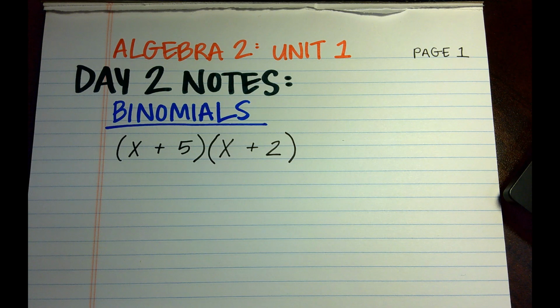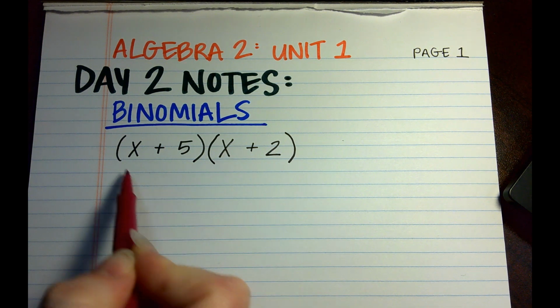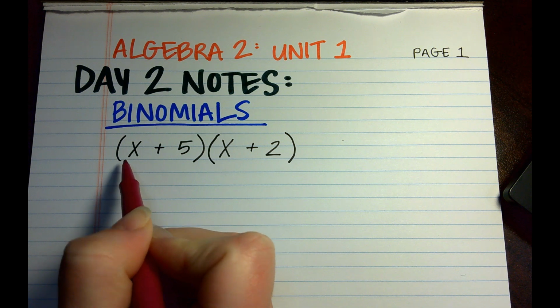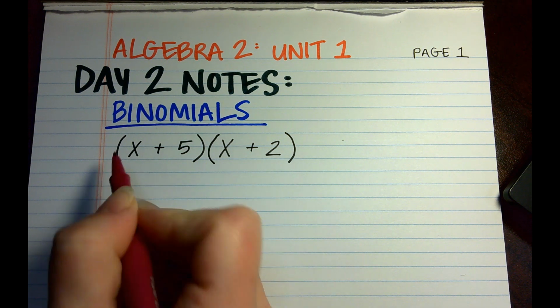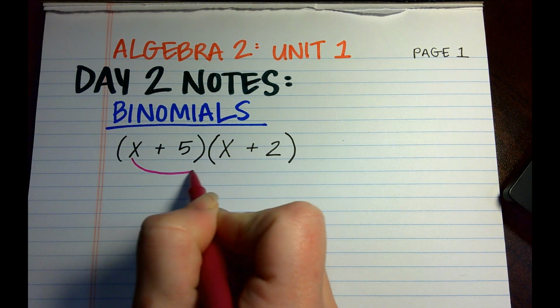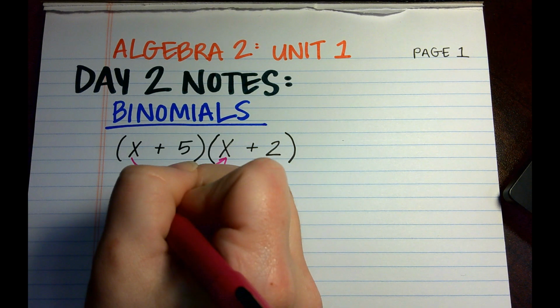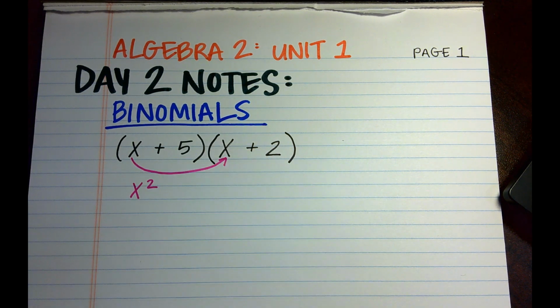Start with the x's, yes. So x to the second power. Great. So we're going to start with our x's first, our first terms here. I'm going to draw little arcs and arrows to show what I'm multiplying each step. Perfect. X times x is x squared.